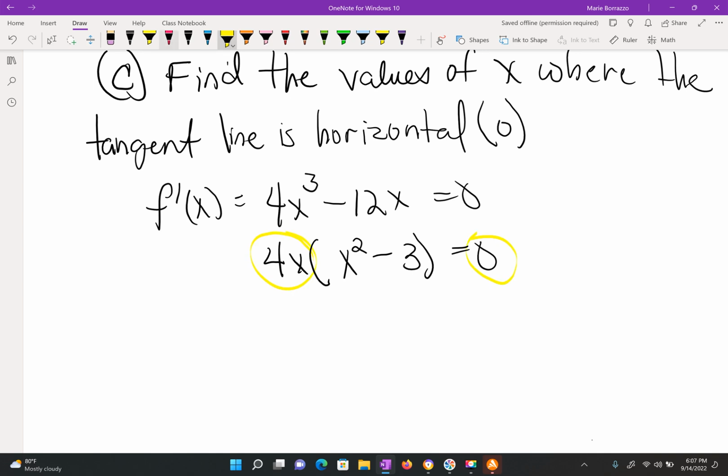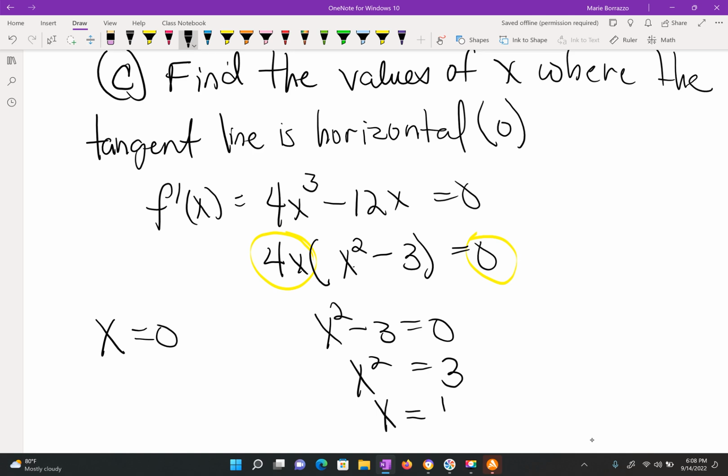So I know that one of my solutions is x equals 0. And the other solution is that I know x squared minus 3 equals 0. So x squared is equal to positive 3. And x is equal to plus or minus the square root of 3. And so these three are my solution set. My solution set is 0, comma, plus or minus square root of 3.